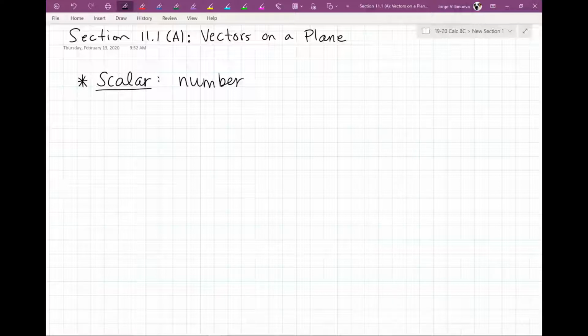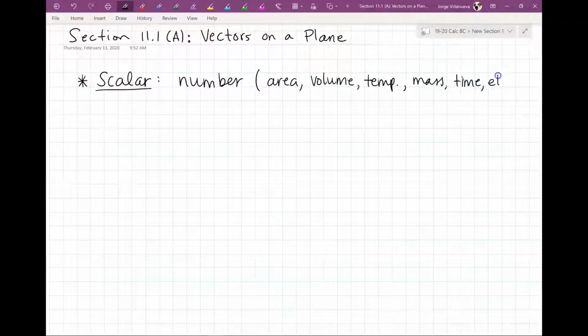So scalar is just a number, kind of like area, volume, temperature, mass, time, things like that. It's just a constant number.